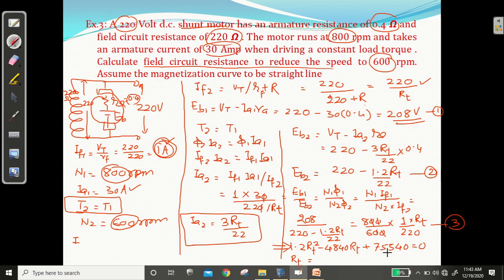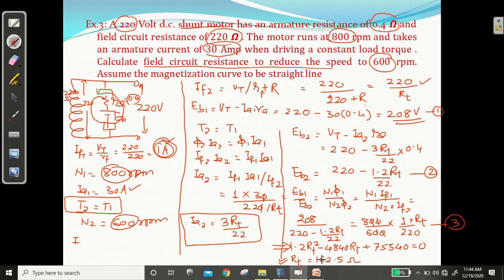So minus B, otherwise you will do it calculator. I am getting 162.5 ohm. That is the value of RT I am getting. Positive value. एक negative आ रही है, I am not going to consider.